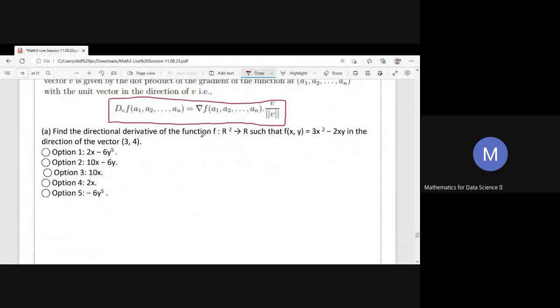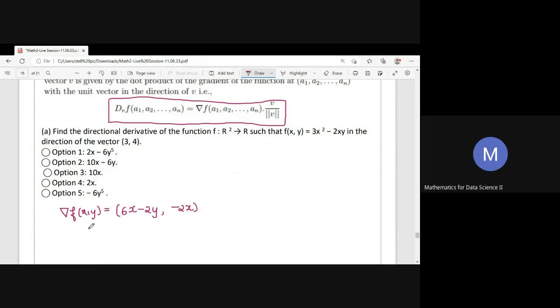Find the directional derivative of the function f from R2 to R such that f of x comma y equals 3x squared minus 2xy in the direction of the vector 3 comma 4. So first of all, what do we need to do? We have to find the gradient function. So what is the gradient function? 6x minus 2y, comma, minus 2x. Okay.